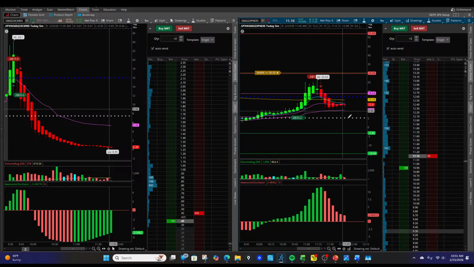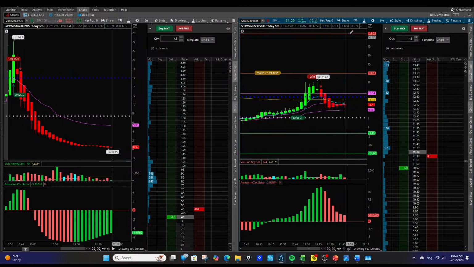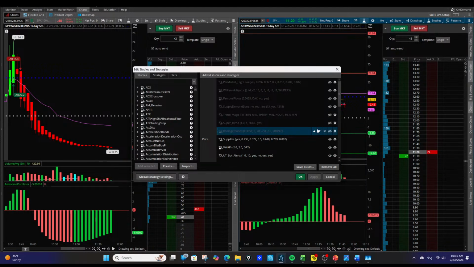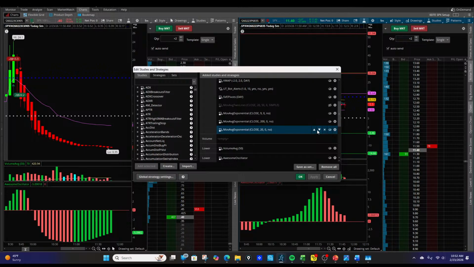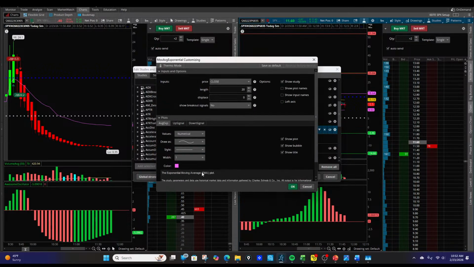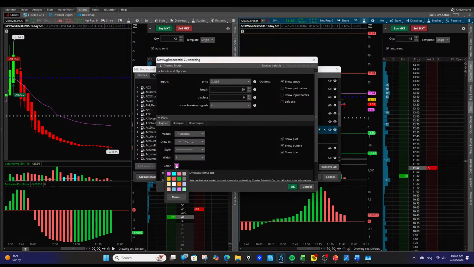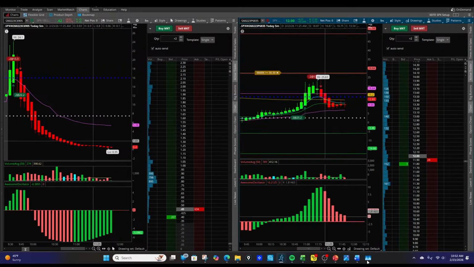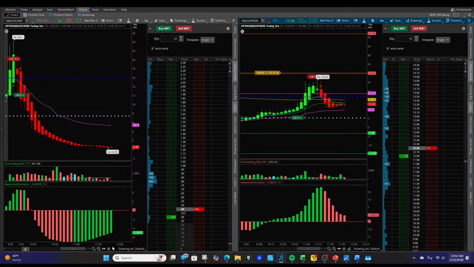Oh, but then we've got the VWAP that's purple. Okay, let me make it a different color. Let's see. Make it green. Okay. So there we've got those lines defined right there.